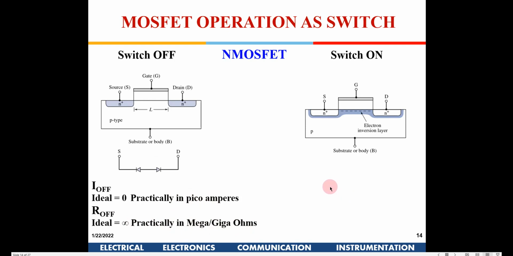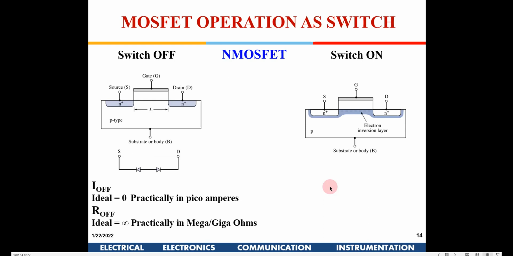Sir, I have one question. According to this VI characteristics, when you are having a high VGS, will the threshold voltage VT also increase?